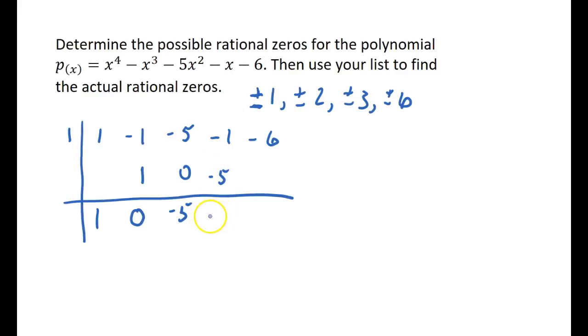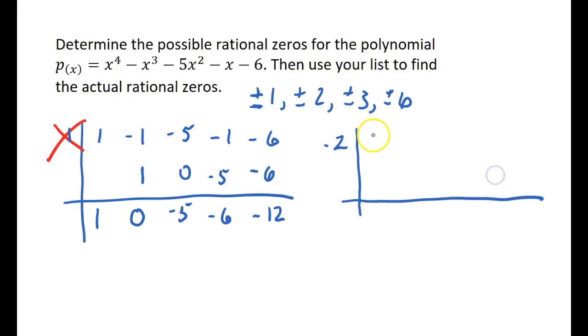Add to negative 1, I get negative 6. Times 1 is negative 6. And my remainder is not 0. Therefore, 1 is not a rational zero. Now, I went ahead and worked it out, and in the interest of time, I happen to know that negative 2 does work. Okay? So I'm going to put out my coefficients here.